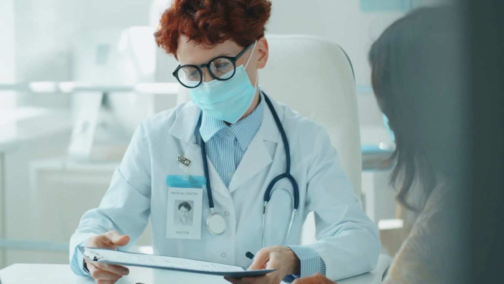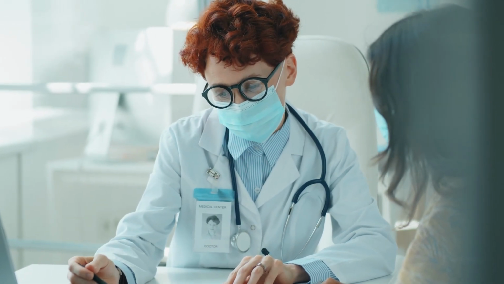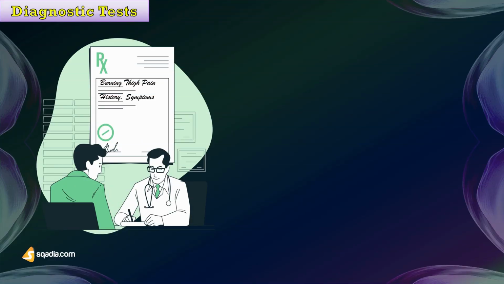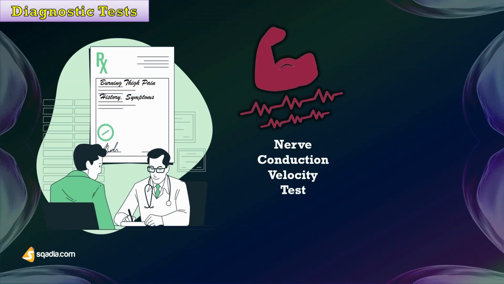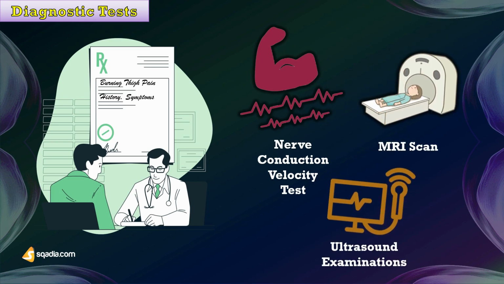Diagnosing Meralgia Paresthetica primarily relies on a comprehensive clinical assessment, including a detailed history and physical examination. However, additional diagnostic procedures may be employed to rule out other potential causes or identify any red flags. Nerve conduction tests of the lateral femoral cutaneous nerve, MRI scans, or ultrasound examinations can provide valuable insights and help confirm the diagnosis.